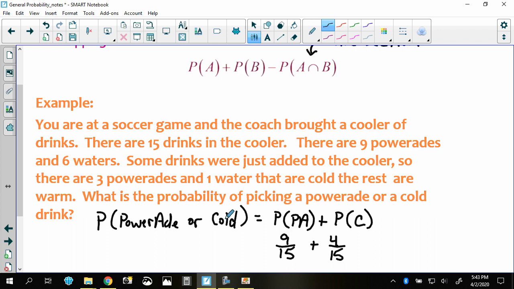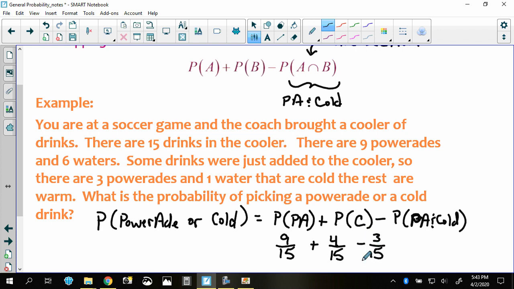Now, in the cold drinks, there are 3 of those that are both cold and Powerades. So that would be this part here, Powerade and cold. So we have to subtract that part. So we're going to subtract the probability of getting a Powerade that is cold. And there are 3 of them. So out of the 15, 3 Powerades are cold.